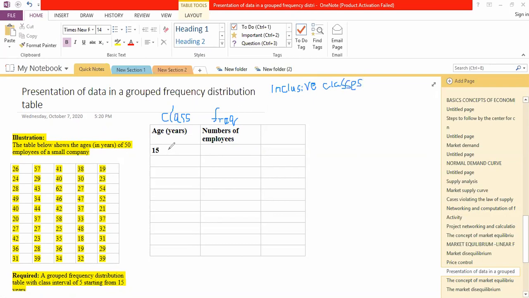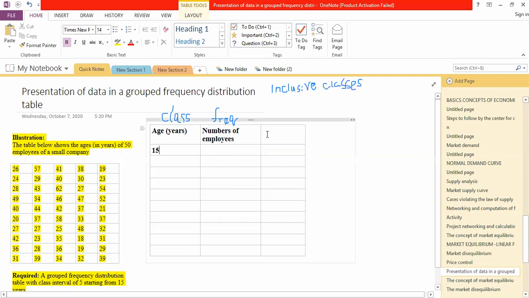Okay, so we'll start with the age of 15, maintaining an interval of 5. And because my classes are inclusive, I'll go up to 19 years, so that when I move to the next class, I'll start from 20.